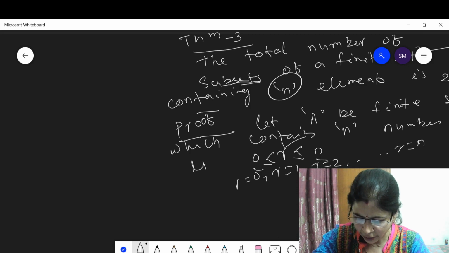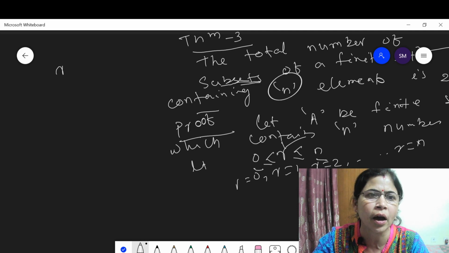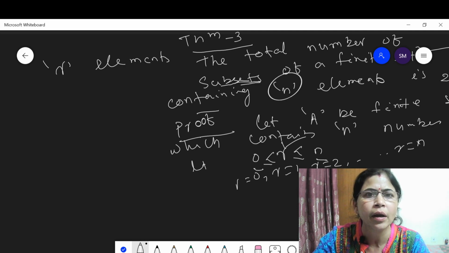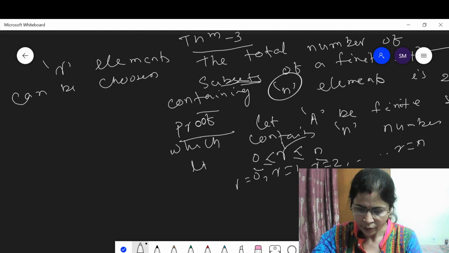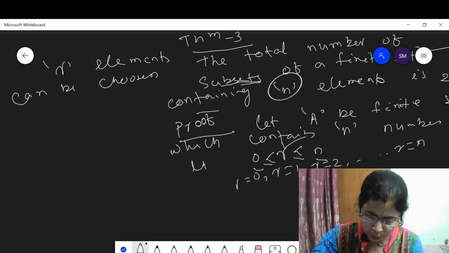Then the subsets of A that have r elements each. We know the number of ways in which r elements can be chosen, r may be 0, may be 1, up to n.